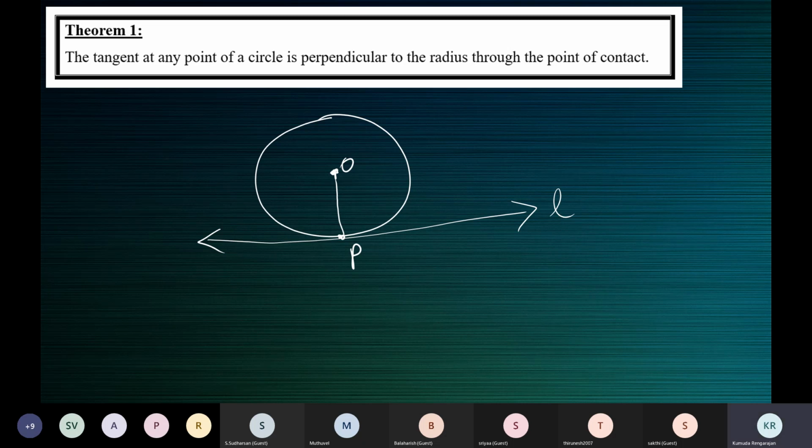Now we need to show that to get 90 degrees here, we should prove that OP is the shortest distance, because we know that if it is the shortest distance, it's a perpendicular distance. If it is a perpendicular distance, it's the shortest distance.